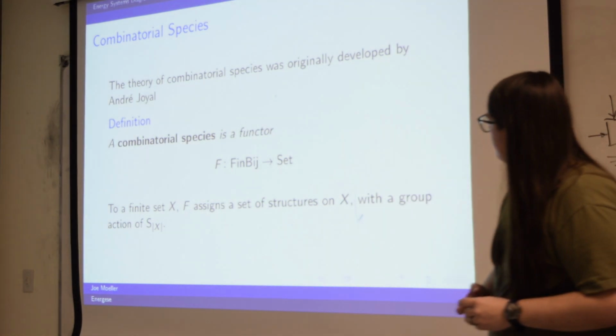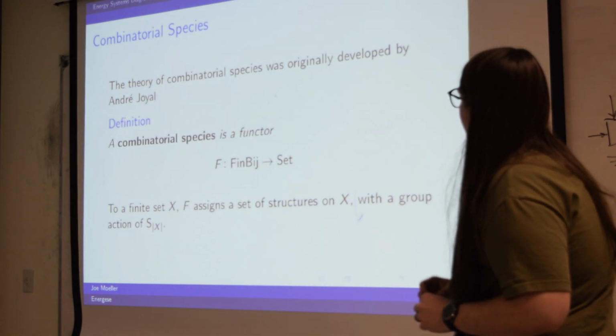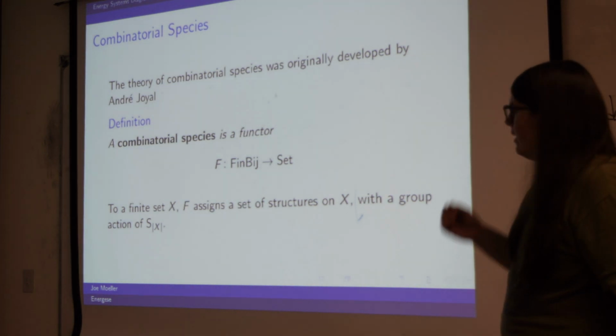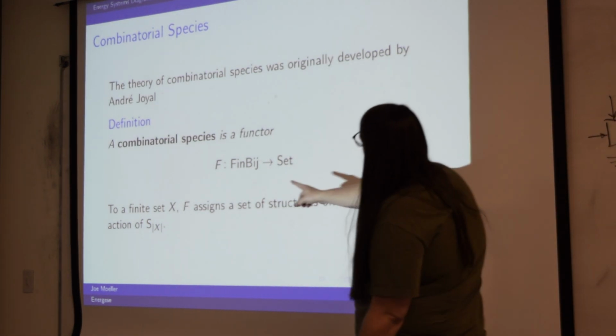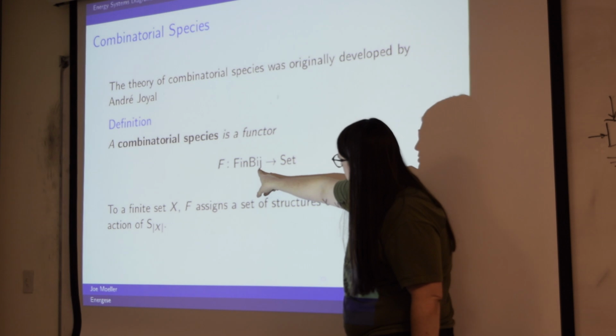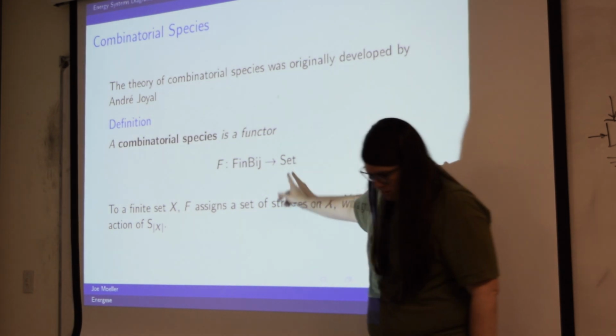Okay, so André Joyal came up with combinatorial species, and here's a definition. A combinatorial species is a functor from the category of finite sets and bijections into Set.